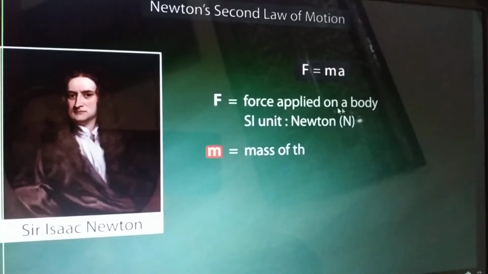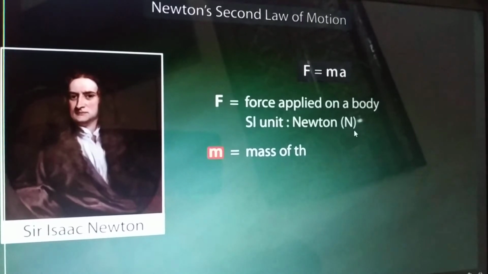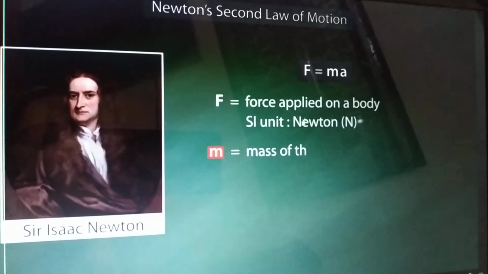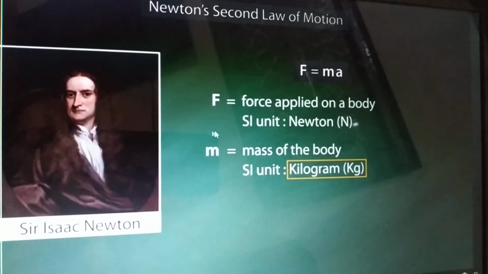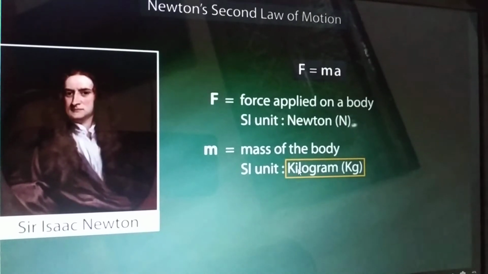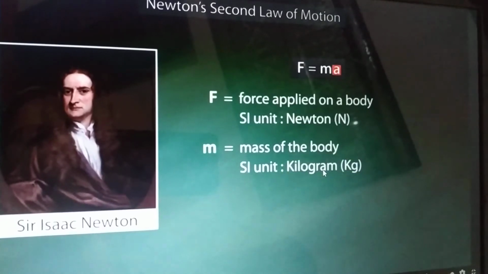and what is the SI unit of force? That is Newton. And m is the mass of the body, right? So m is the mass of the body, that is expressed in kilograms.